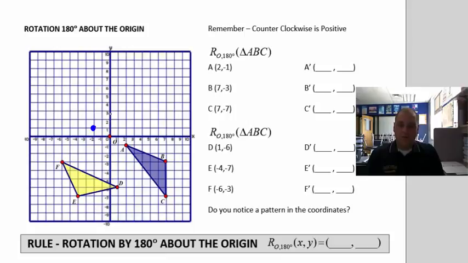So up 7, over 3. And then over 7, down 7, right? 7, 7, 1, 2, 3, 4, 5, 6, 7. There we go. So there is our rotation 180.